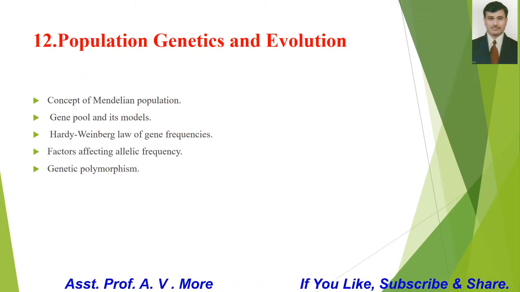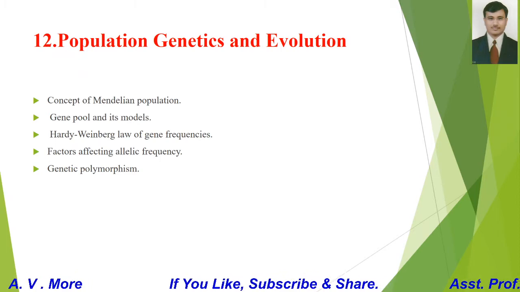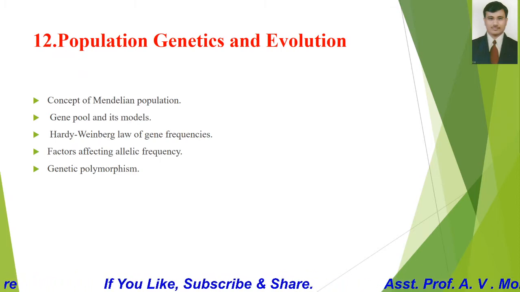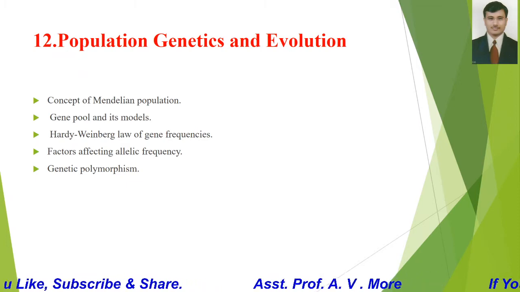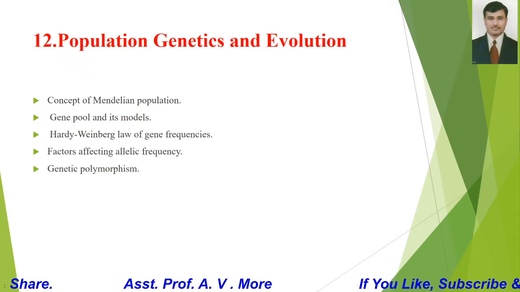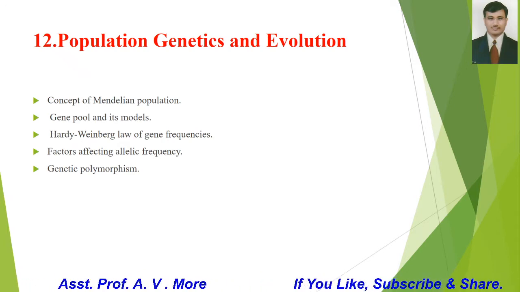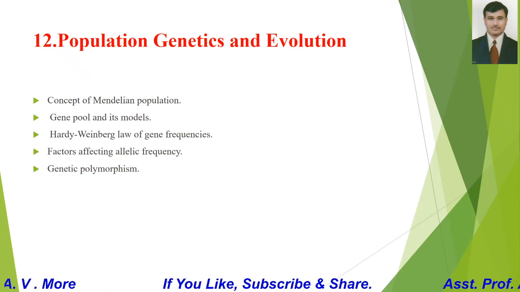In that topic we have to study the concept of Mendelian populations. Next one, gene pool and its models. Next, Hardy-Weinberg's law of gene frequencies and factors affecting allelic frequency and genotypic frequency, and polymorphism. So all these points we have to study in population genetics and evolution.